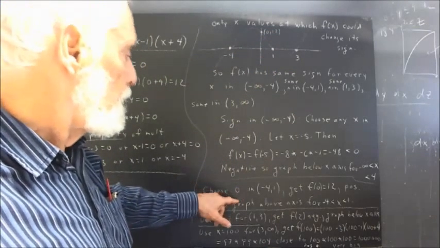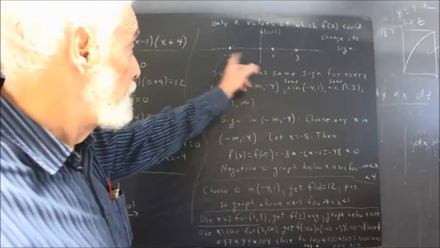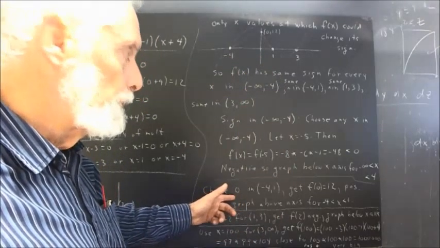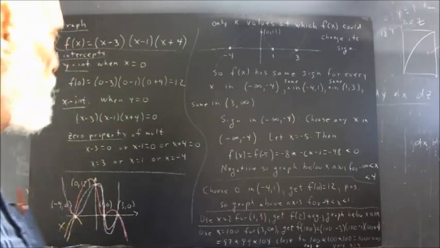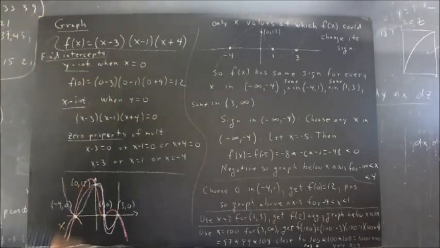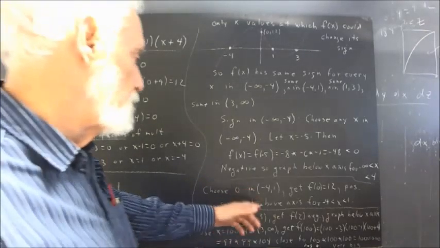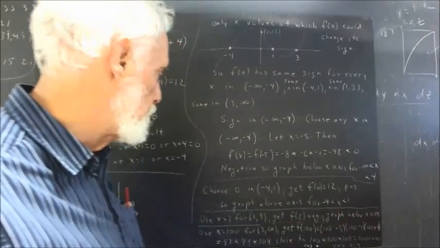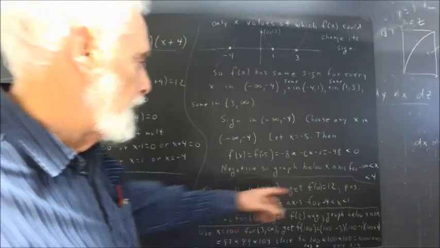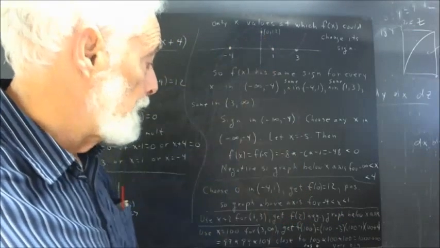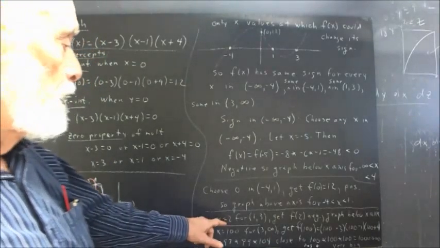Okay, well, in the interval -4 to 1, we could choose x equals 0, but of course we've already essentially done that when we found the y-intercept to be 12. If we choose x equals 0 and evaluate it, we do get 12, and that confirms that the function is positive for that whole interval.